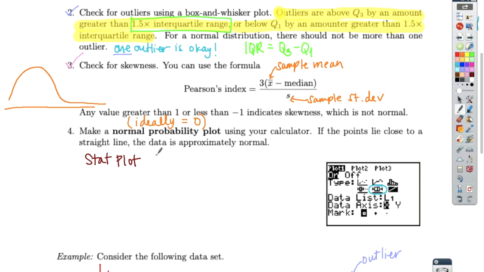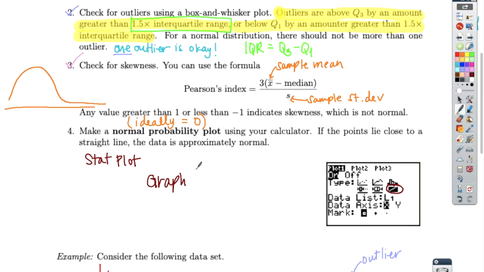And remember, we just used this in the second test to do a box and whisker plot. But now we're going to scroll all the way over to the end here and select this very last graph. Mine actually looks a little bit different. It's not colored in like this, but the last one, make sure that your data is coming from the right list, and then click graph.